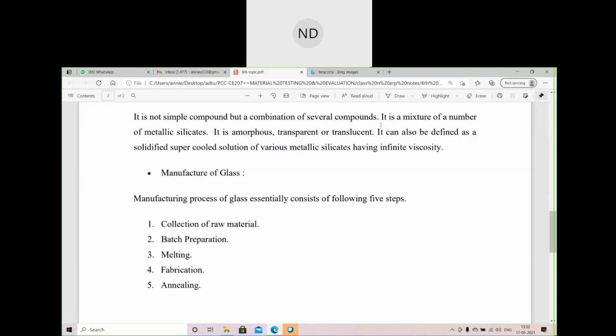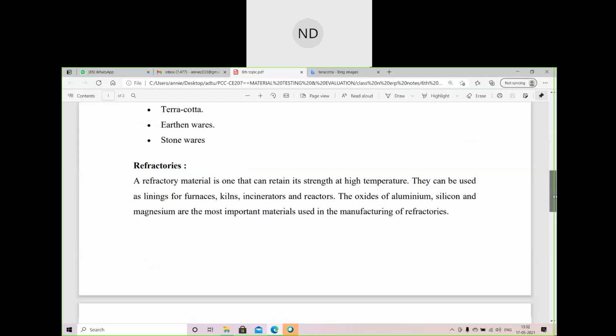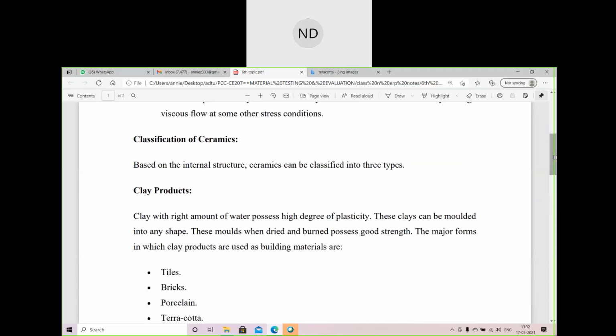There can be different forms for these glasses, but we're not going into details. I can show you a video on the manufacturing of glass, but not theoretically, because too many materials are there to discuss. So in short, I have just given you these things.